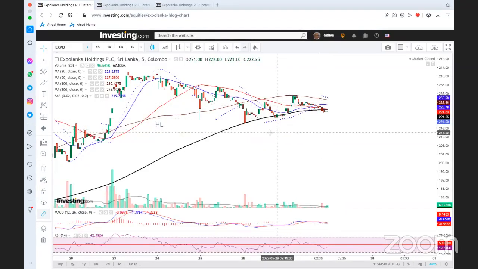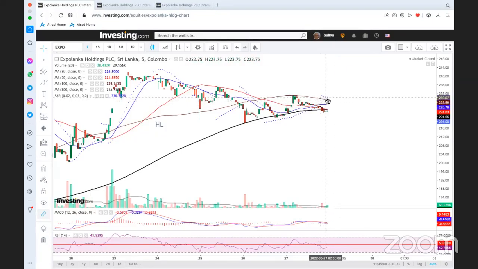Now we are in a very challenging period because the 20-day moving average has crossed, but the prices have come down. As a result of that, we need to wait for the prices to go up and cross above the 20-day moving average.